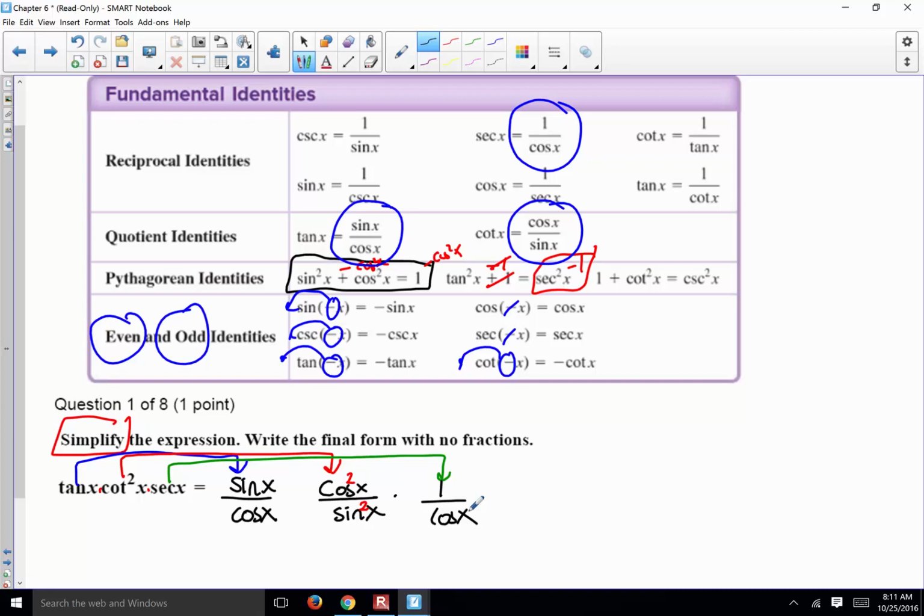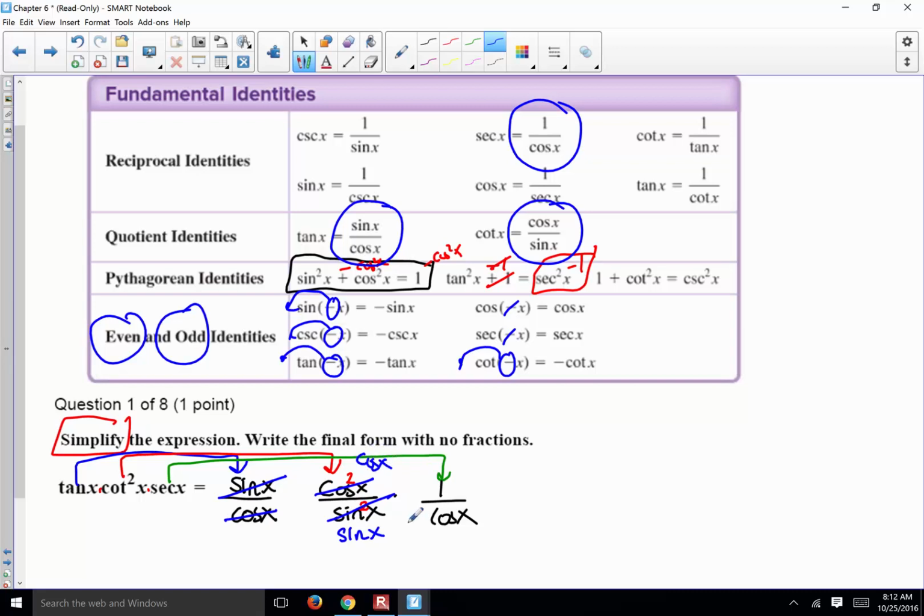Alright, what do you see next? We are going to cancel things, right? I see sine and sine matching, but this is double sine, so there will be one sine left here. I see cosine and cosine canceling.